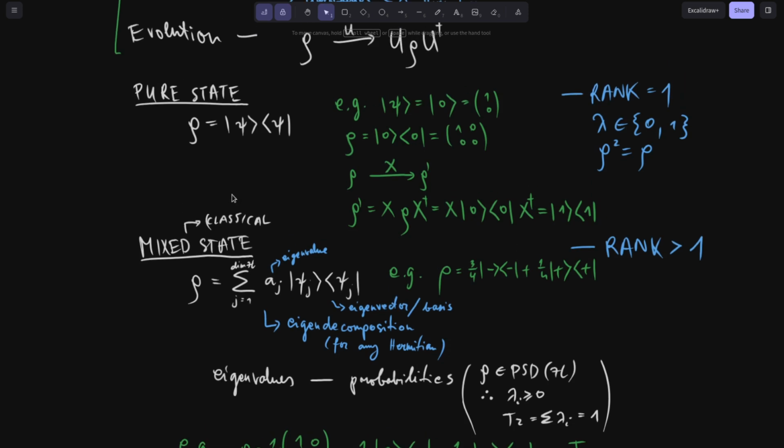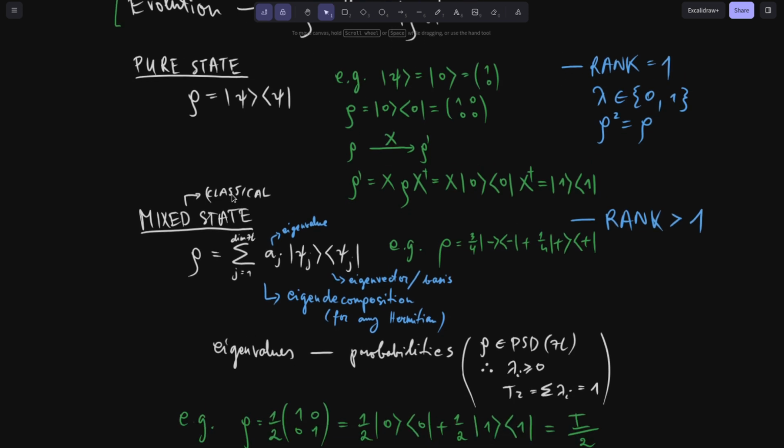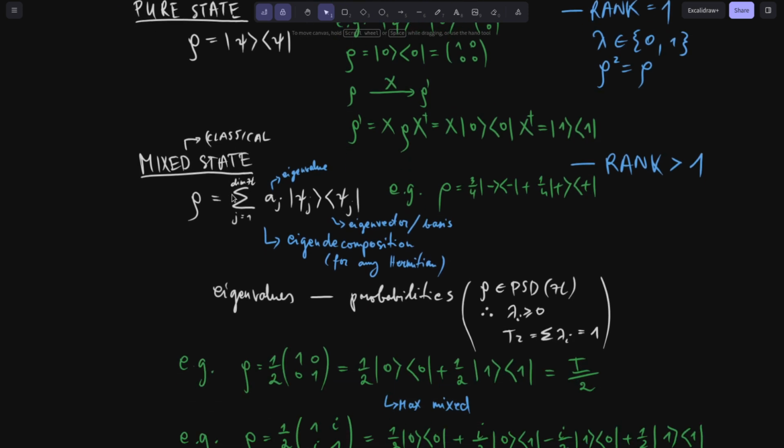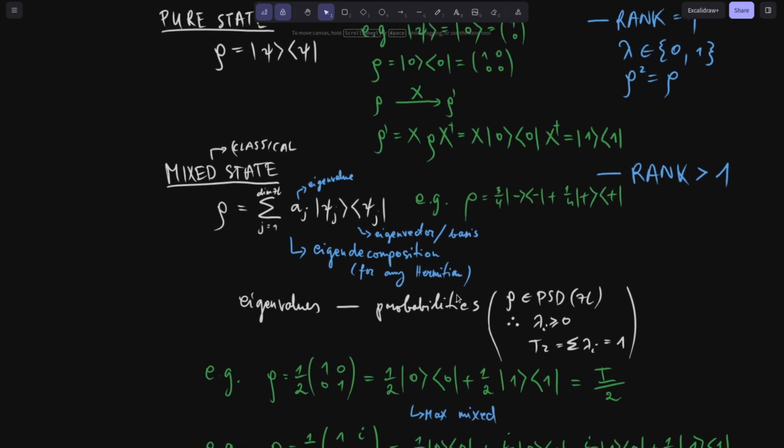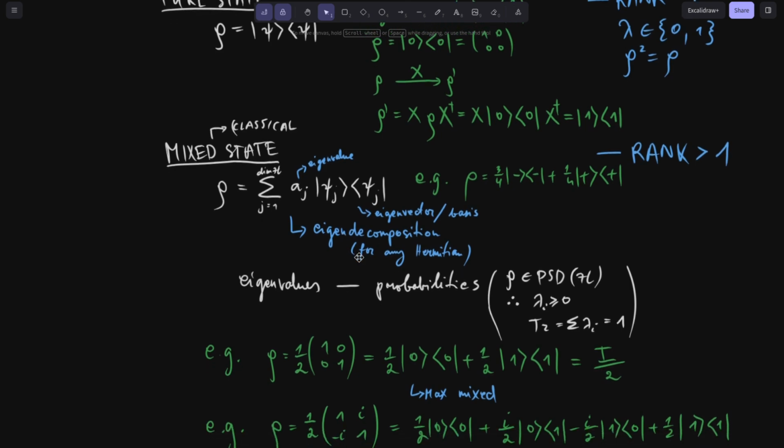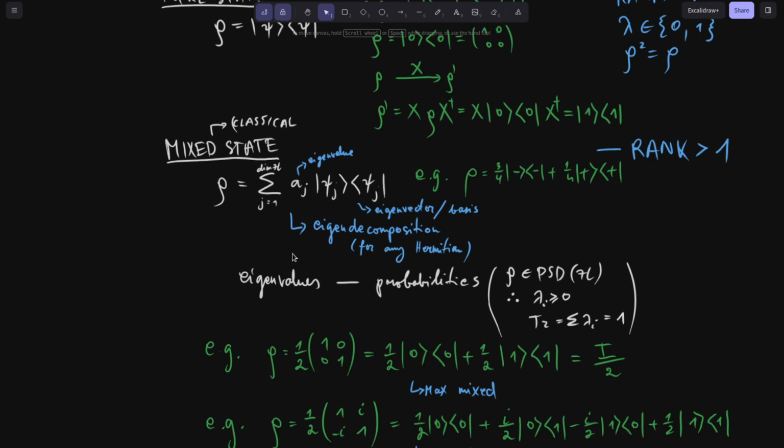Now the mixed state, also called classical state. A mixed state, by definition, as we've seen before, is just a combination of pure states. So, in other words, if we have a matrix that is a mixed state, we can expand it by eigendecomposition.